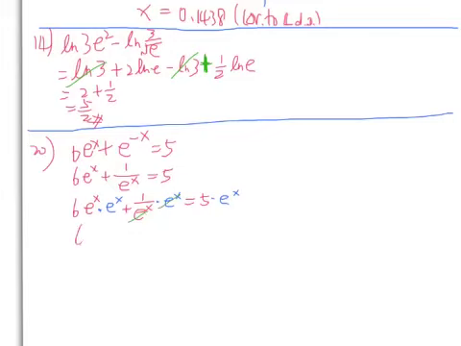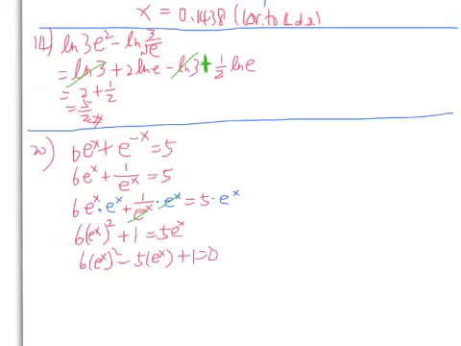This part e to the power x, now you'll find that it multiplies itself. So you write square here. And then plus 1 equals 5e to the power x. So we write it as 6e to the power x squared minus 5e to the power x plus 1.